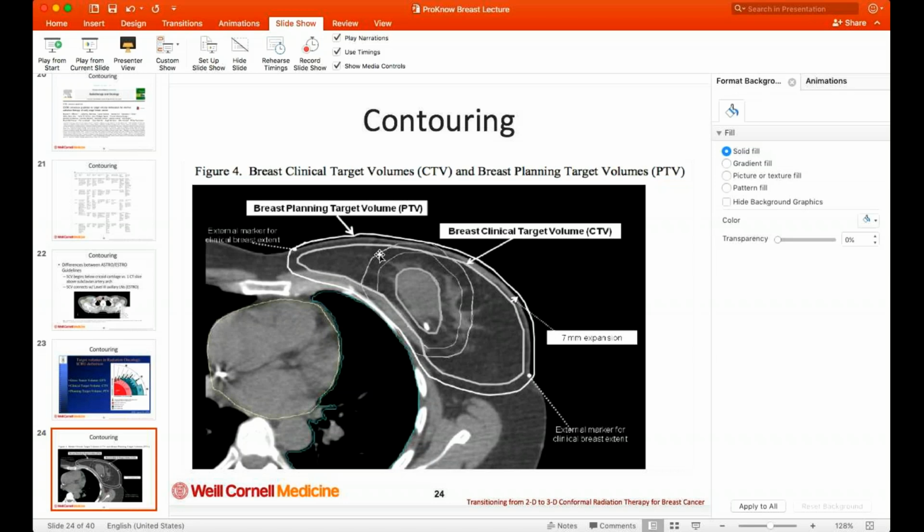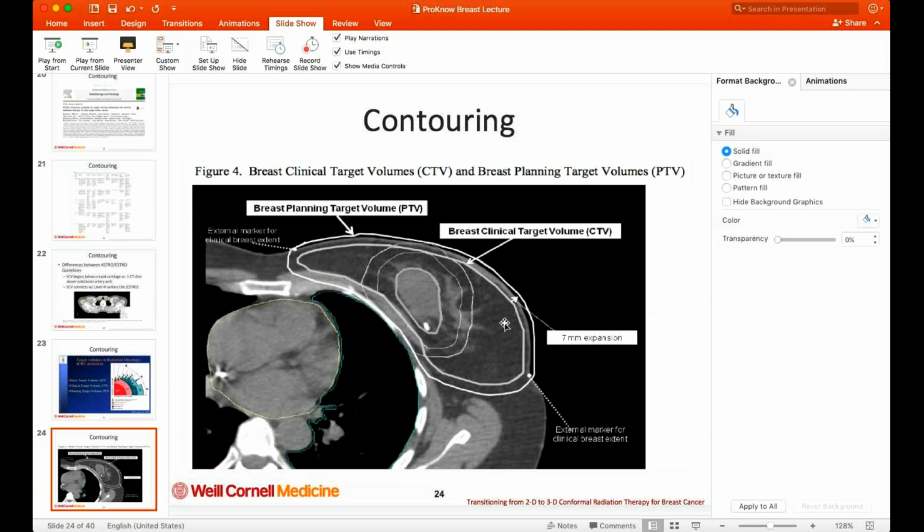You start out with a breast CTV: medial border, the rib and sternal junction; lateral border at the mid-axillary line approximately, excluding the latissimus dorsi muscle. Anteriorly in the RTOG studies, as they also define it in the European guidelines, they do a 5 millimeter cropping off the skin.